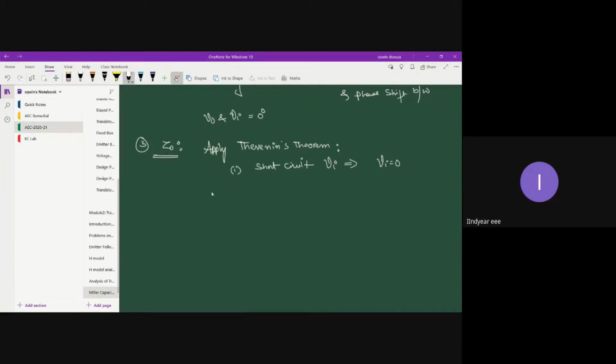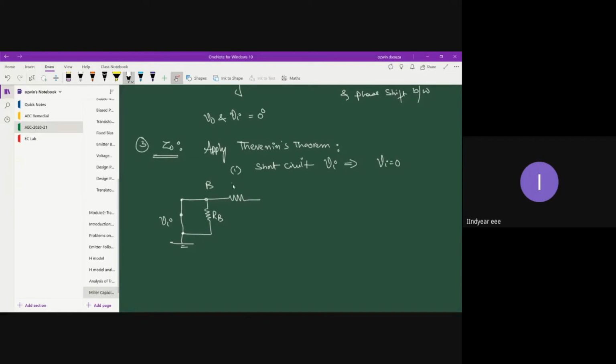All right. So I will apply Thevenin's theorem. On the input side, I'm going to create a short circuit. This is my ground, and this is where my Vi used to be. Then you will have your base terminal, across which you will find your base resistor RB.